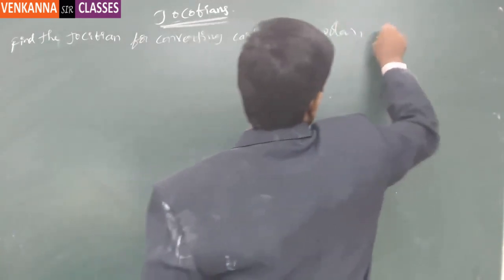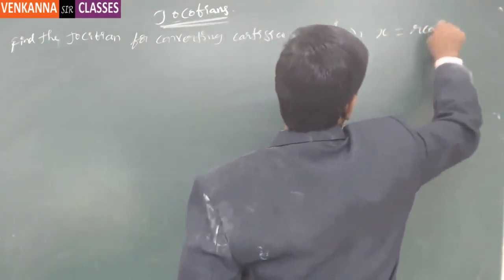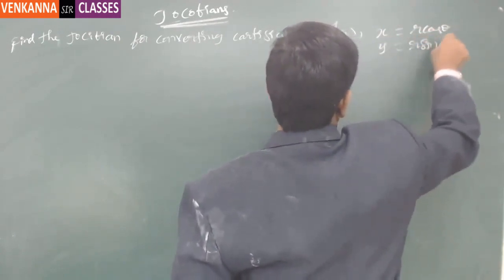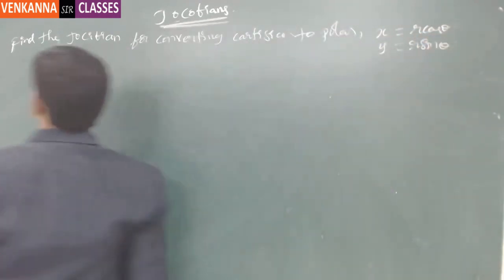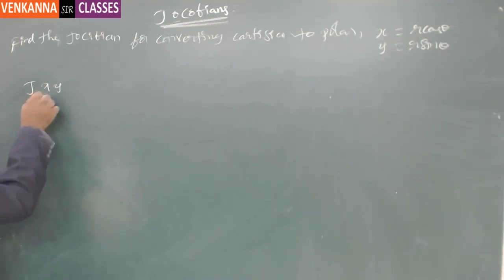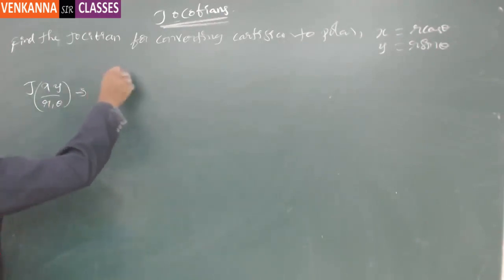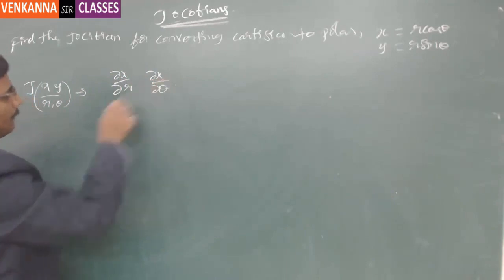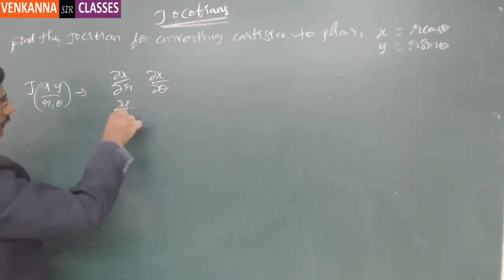That is x equal to r cos theta and y is equal to r sin theta. So Jacobian is nothing but J of x comma y with respect to r comma theta. So this is dou x by dou r, dou x by dou theta, dou y by dou r, dou y by dou theta.